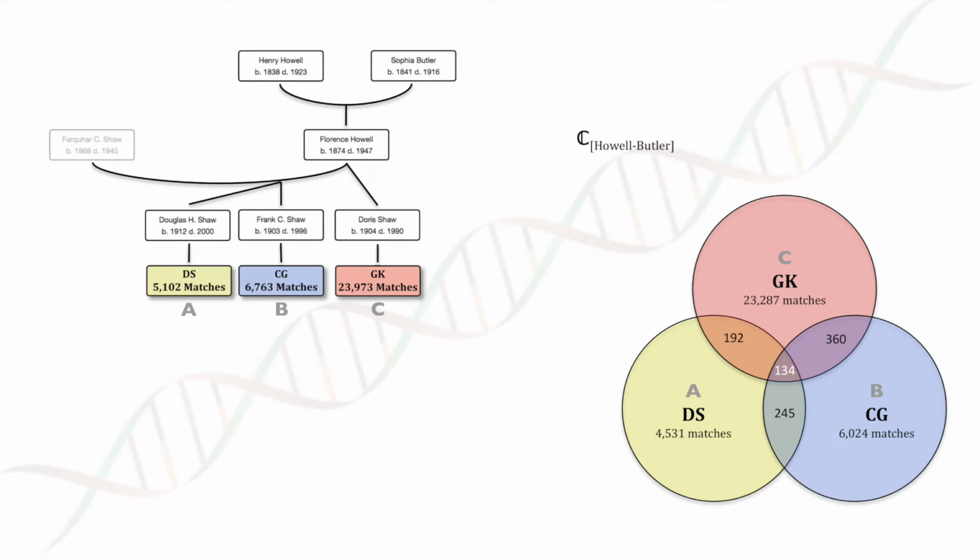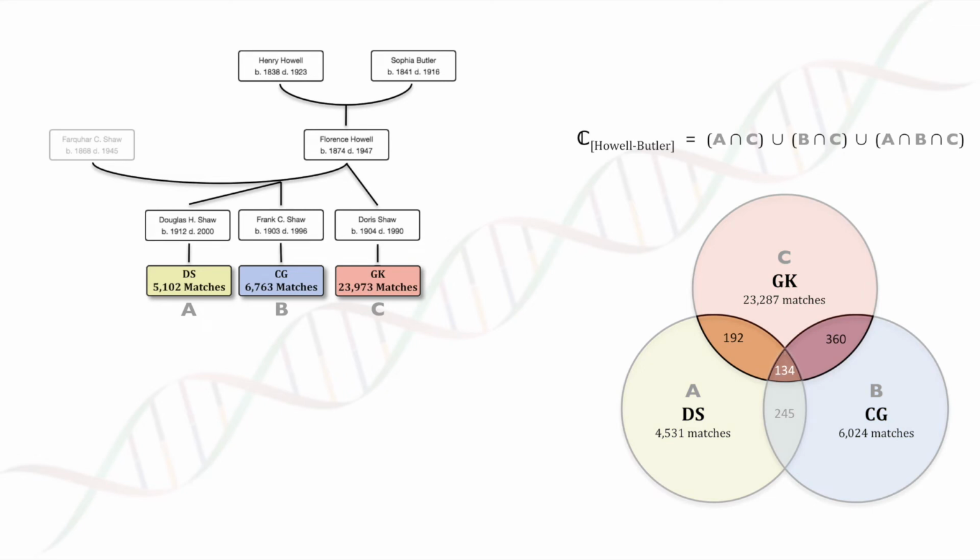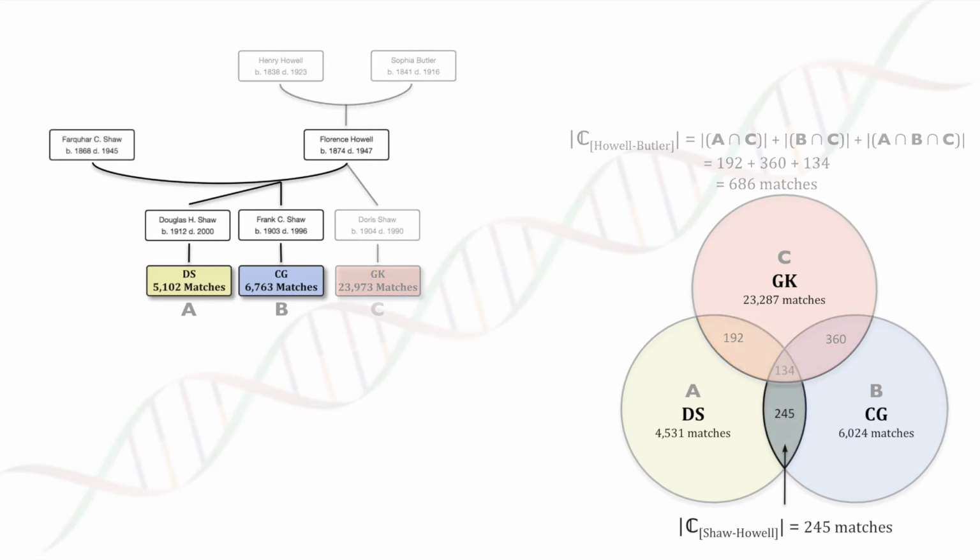As such, complex Howell-Butler is composed of the matches common to subjects A intersecting C, B intersecting C, and the match is shared by all 3 test subjects, which yields a total of 686 member matches. 134 of these matches were previously assigned to complex Shaw-Howell, which is now reduced from 379 elements to 245.